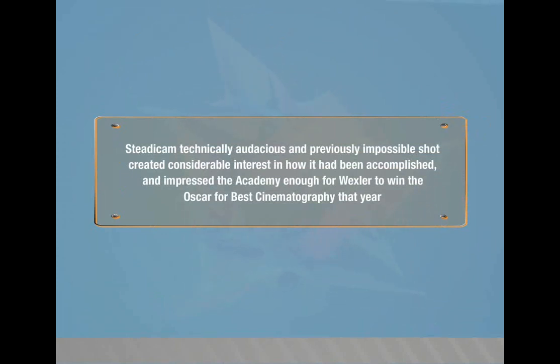This technically audacious and previously impossible shot created considerable interest in how it had been accomplished and impressed the Academy enough for Wexler to win the Oscar for Best Cinematography that year.